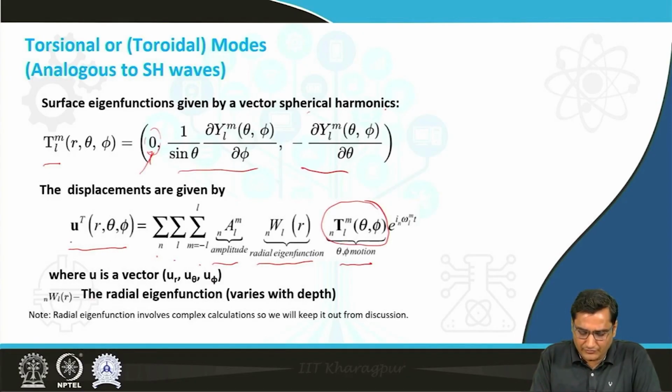The u that we are seeing here can be separated out in the form of ur, u theta and u phi. The radial eigenfunction term is very complex and involves very complex calculations, so we will keep it out from our discussions for now.